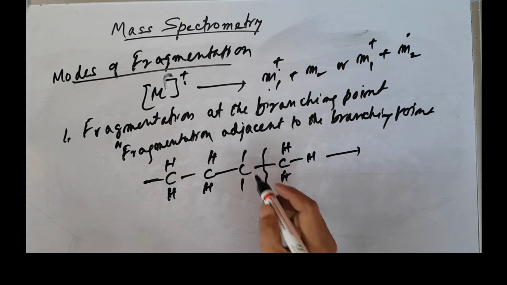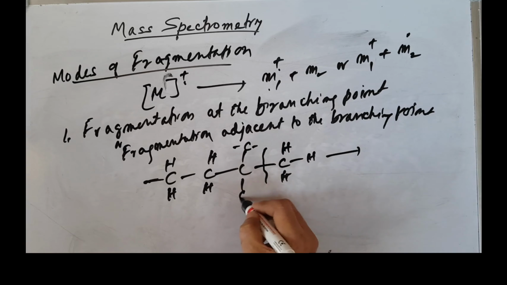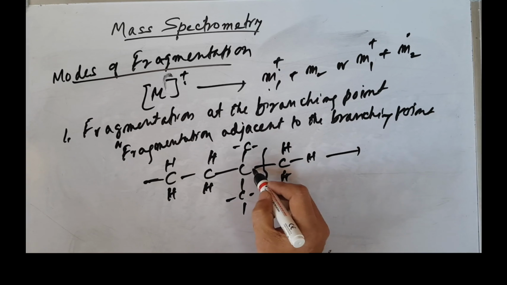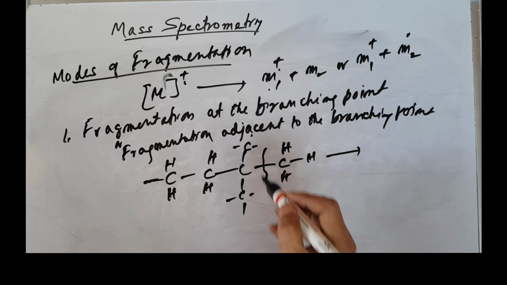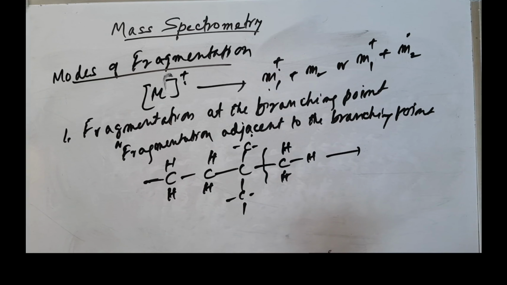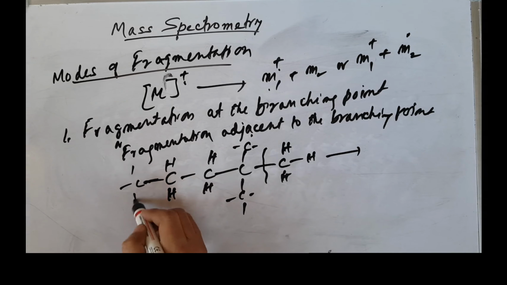So we can show here branching takes place. Adjacent to the branching point, fragmentation takes place, in this case at the lower fraction, not in the higher fraction type.